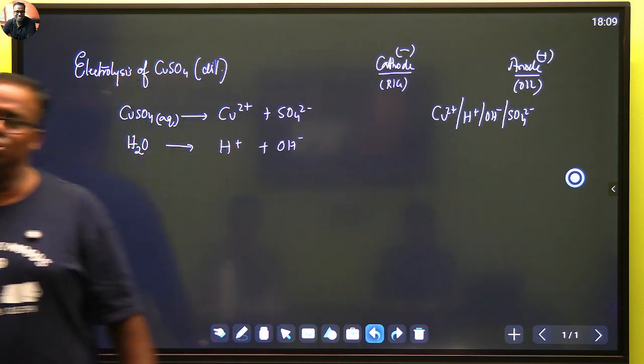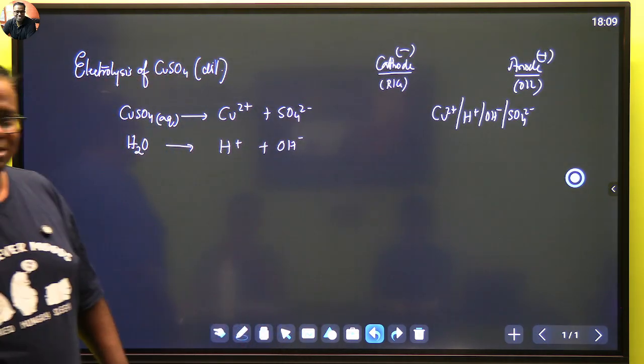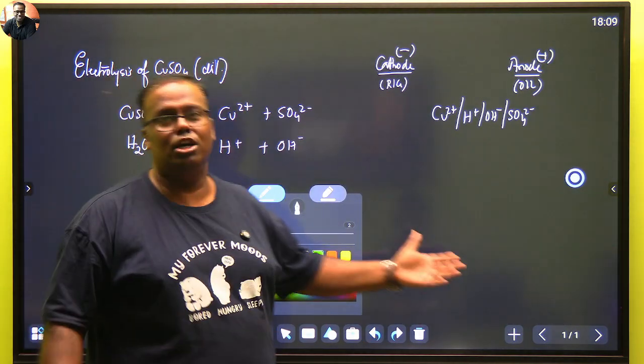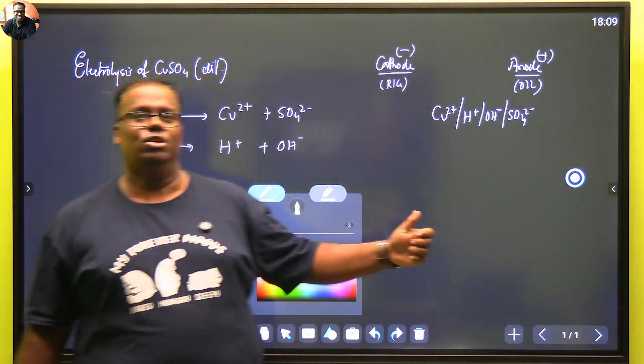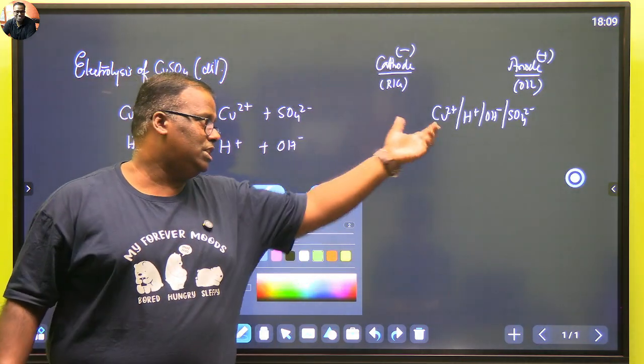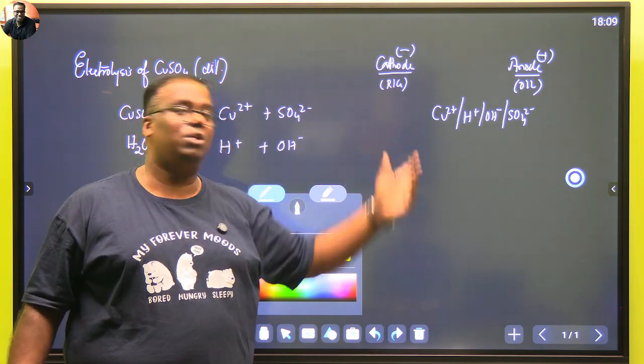Now tell me, which of these will be discharged? It's a dilute solution. Obviously the pluses are going to go to the negative side. Out of these two pluses, who should go?